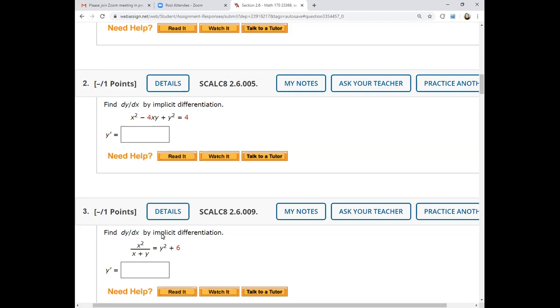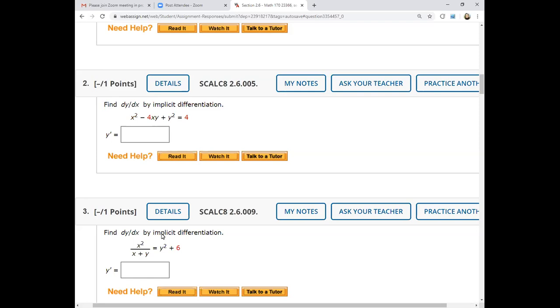So I'm going to write them in a different order. I'm going to say 2y dy dx minus 4x dy dx equals 4y, because it was negative on the left, it becomes positive, minus 2x.